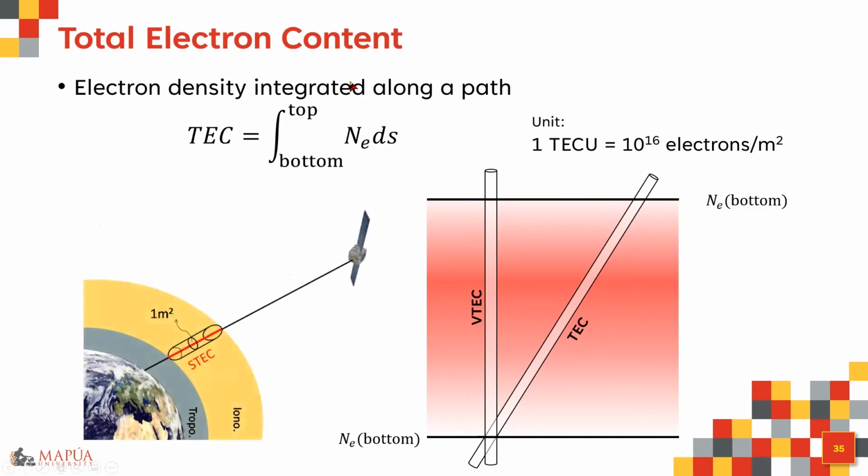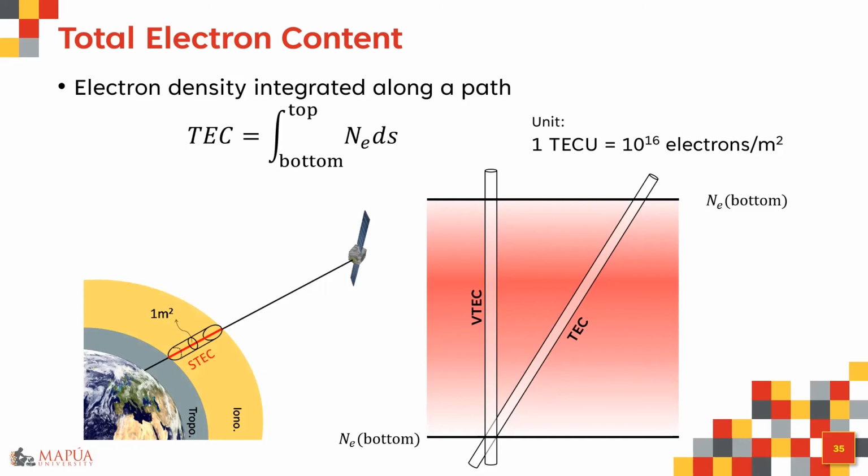So what we usually do is that if we do not have an electron density profile, we cannot do this integration. But we can still estimate the total electron content using some form of a workaround.